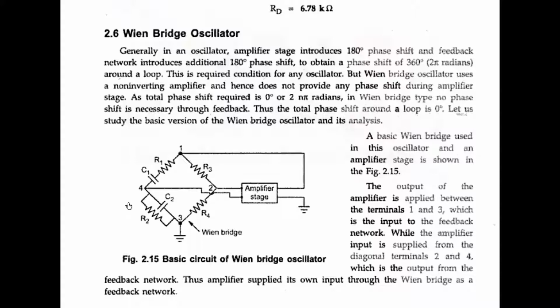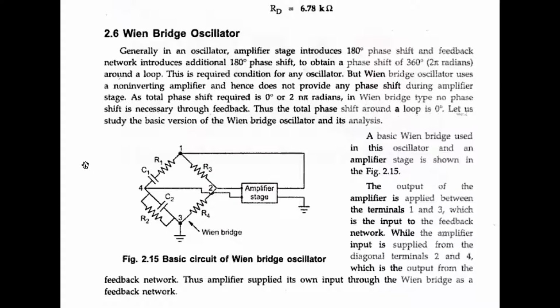So what happens here is, when you increase frequency, C1 reduces, which means together the impedance reduces, but the impedance reduction here is much more significant. When we increase frequency, both impedances reduce, but the reduction in the equivalent impedance here is significant.